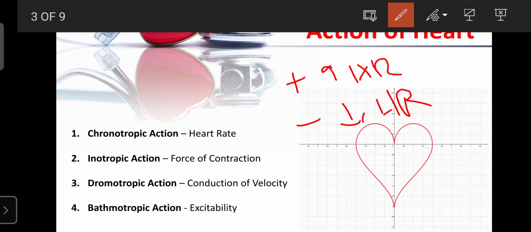If it is less than 60, that is known as the negative chronotropic action or negative chronotropic condition of the heart.